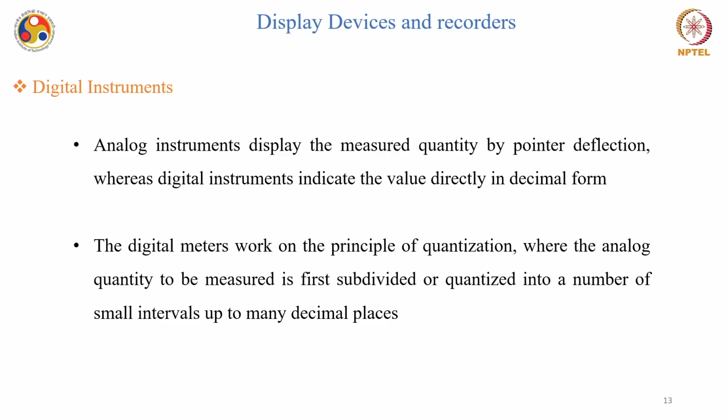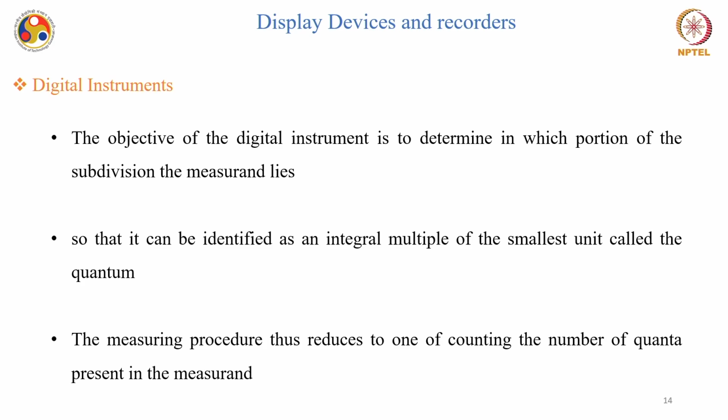The digital meters work on the principle of quantization, where the analog quantity to be measured is first subdivided or quantized into a number of small intervals up to many decimal places, which will give you better accuracy. Now, the objective of the digital instrument is to determine in which portion of the subdivision the measurement actually lies, so that it can be identified as an integral multiple of the smallest unit.